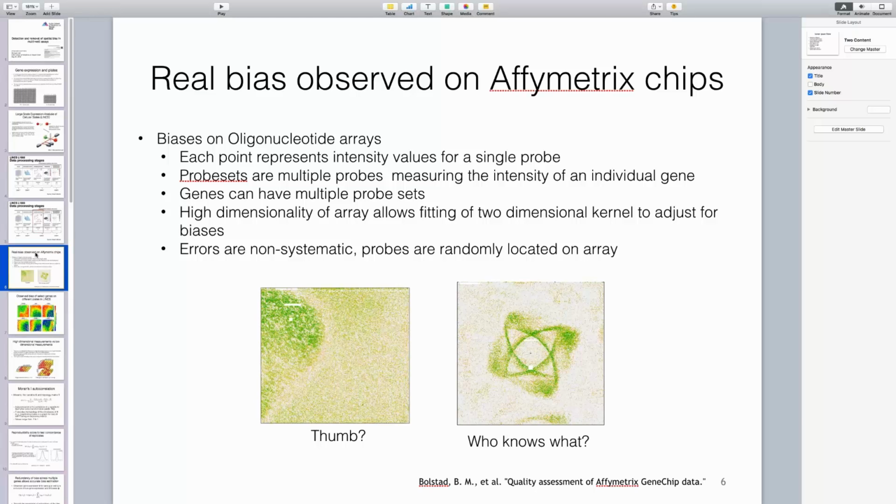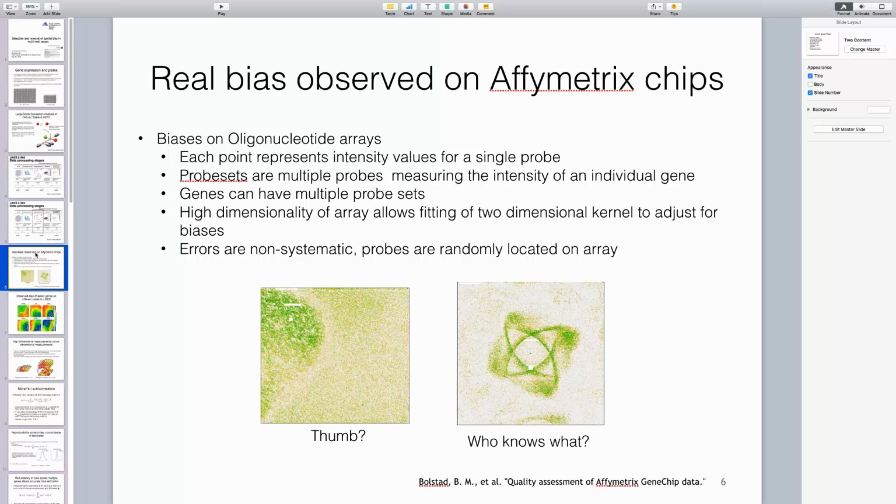You can see that the probe intensities can vastly vary depending on the location on the chip. In the first example, it's a thumb where somebody just touched the chip. On the other one, it's more like some machine error. The good thing is these arrays have a very high resolution in the X and Y direction, so that allowed for a fairly easy correction of these probe intensities.